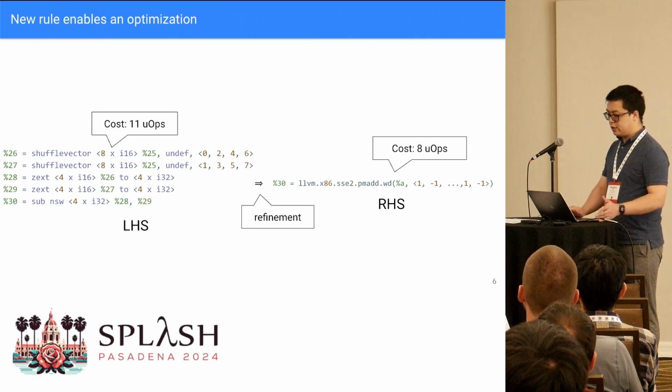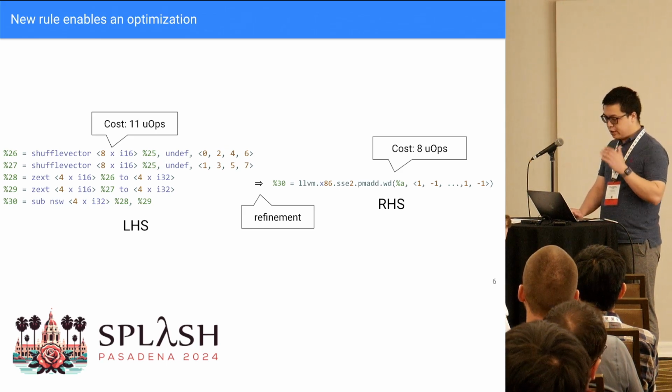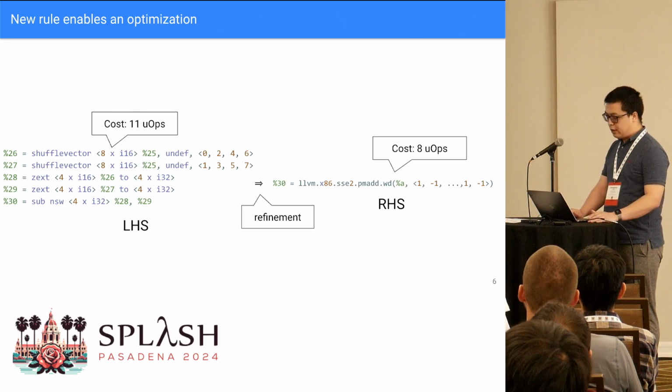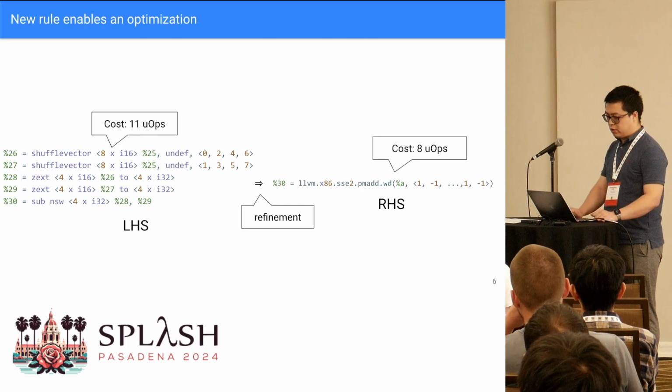That is, the compiler can replace the left-hand side with the right-hand side without breaking the code, even when the program contains undefined behavior. In this rewrite, the left-hand side requires 11 macro operations, and the right-hand side only requires 3 macro operations.